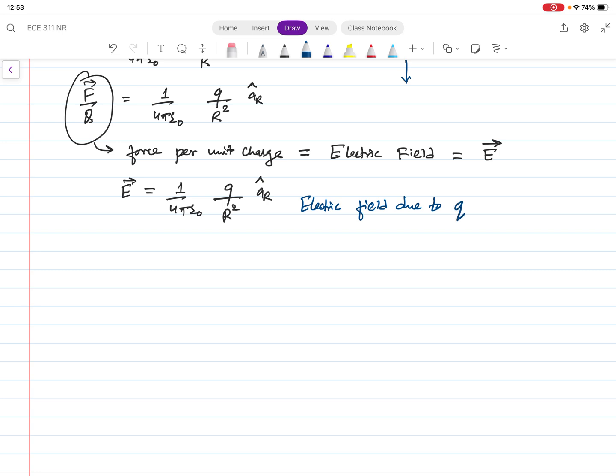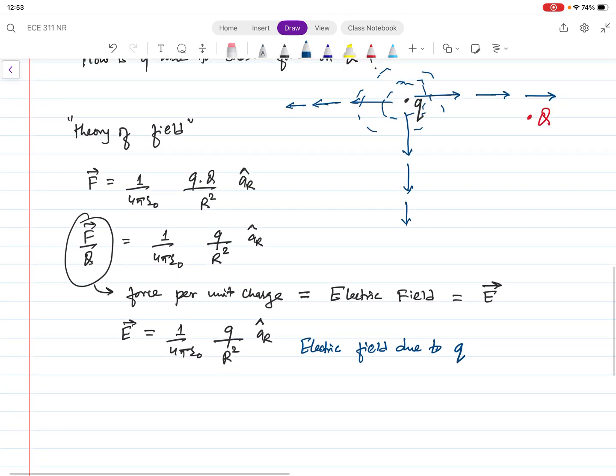And as you can see, this electric field is a function of r, and therefore it depends on the position you are at. So if you calculate your electric field at this point, it will be stronger, and as you move away from your charge, your electric field strength decreases.